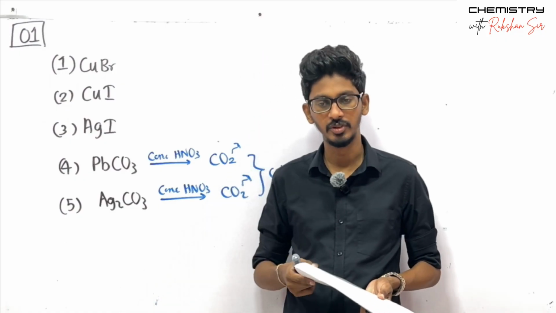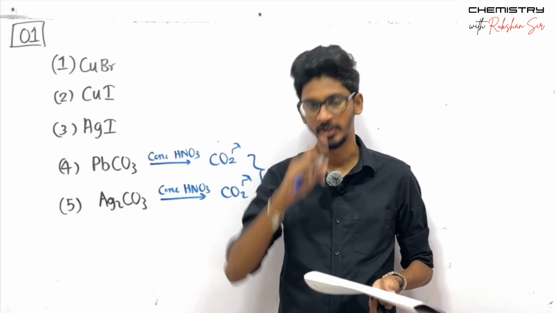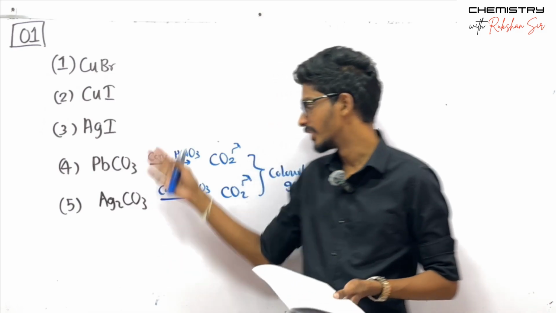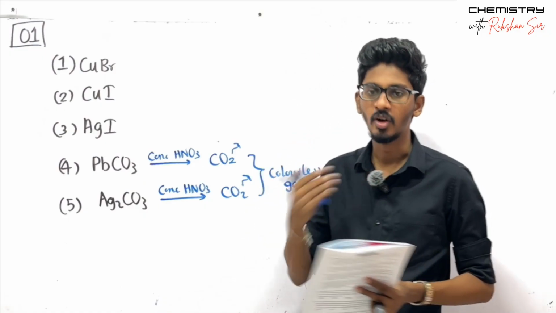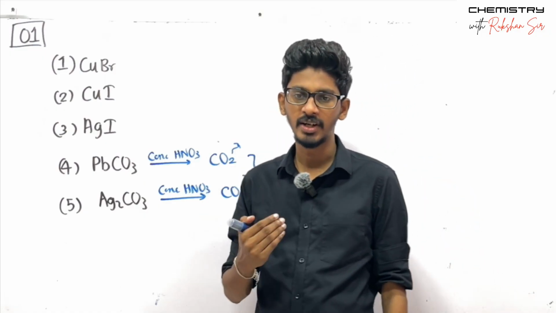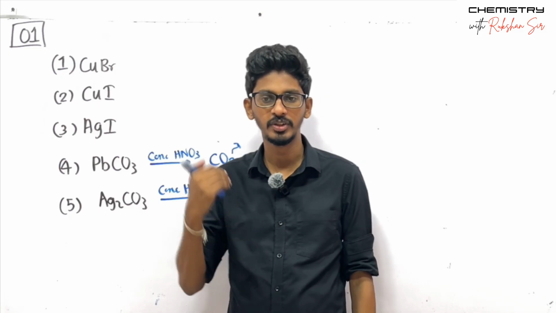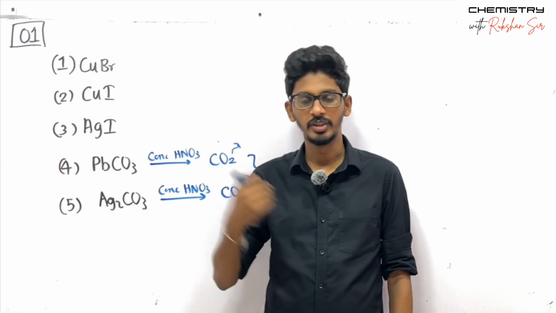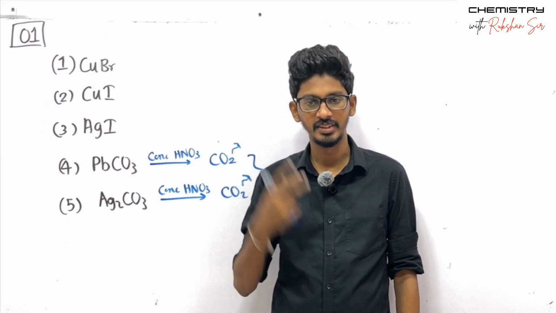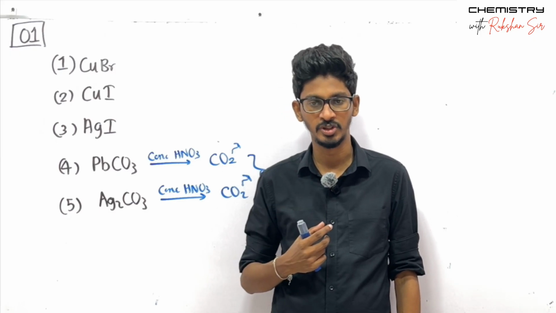Others won't. So carbonates won't. With conc acids, NO3 minus, Br minus, and I minus will give you dark colored gases. So those are also applicable here. That is the theory part we are discussing with this question.